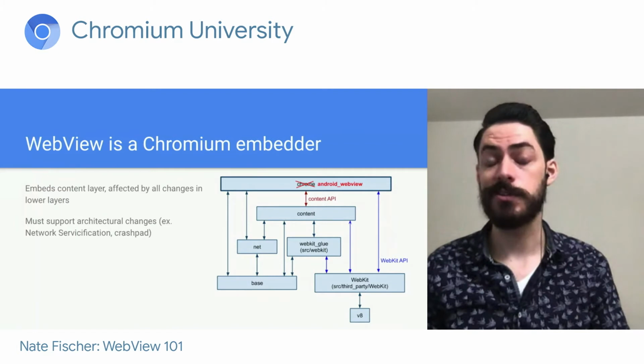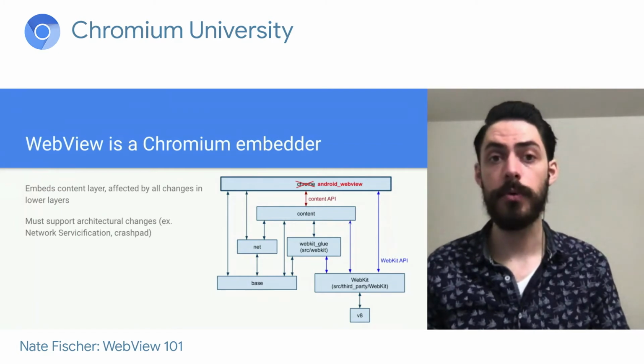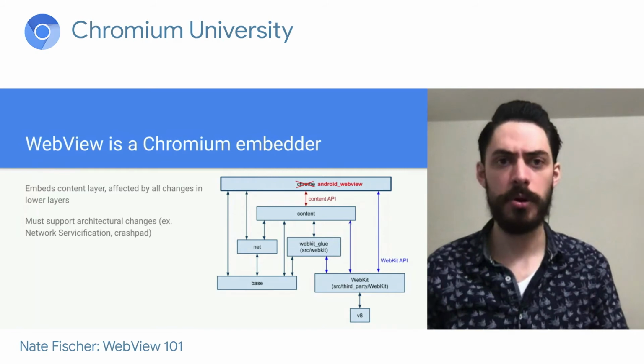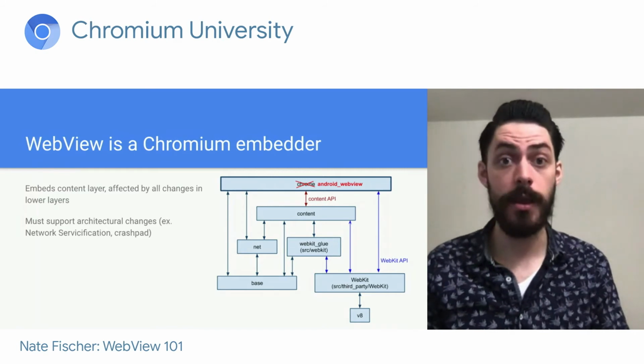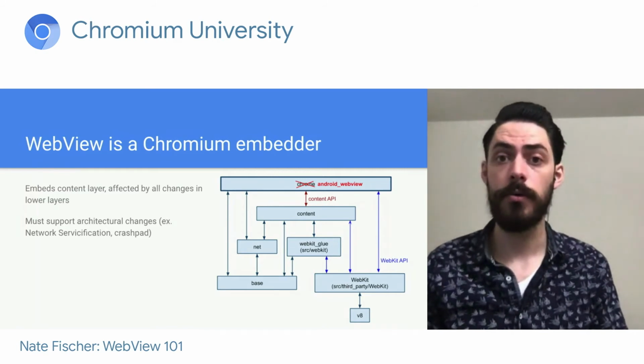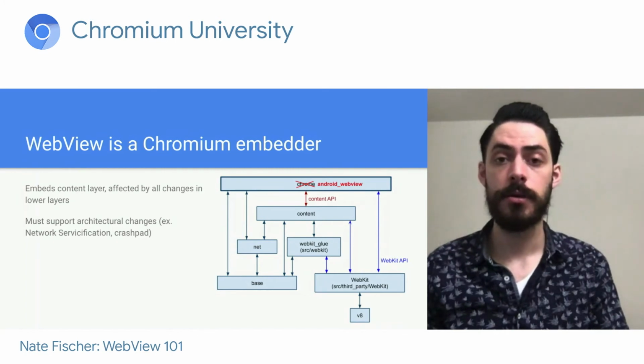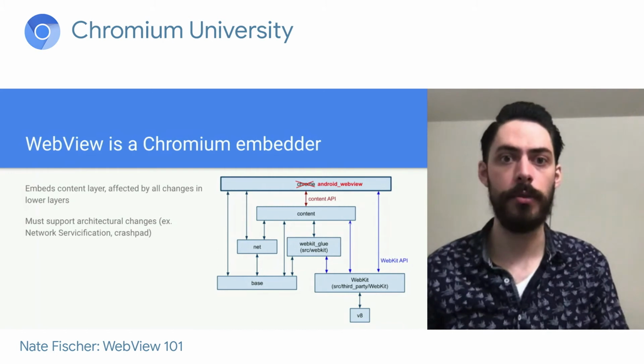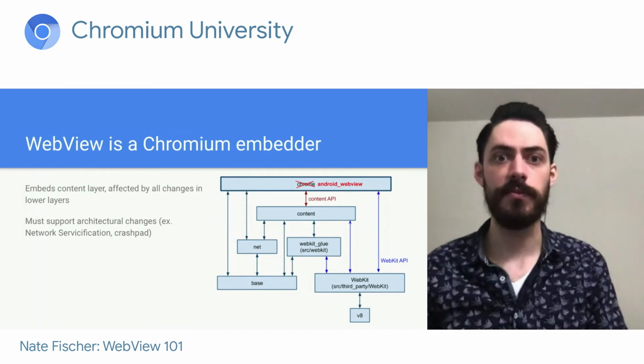Network service is a recent example that comes to mind, where our team had to step in and do a little bit of work to make sure that all of WebView's many APIs work correctly with network service, so that we could remove a dependency on the old code path, that we could clean up all those hundreds of thousands of lines of code.